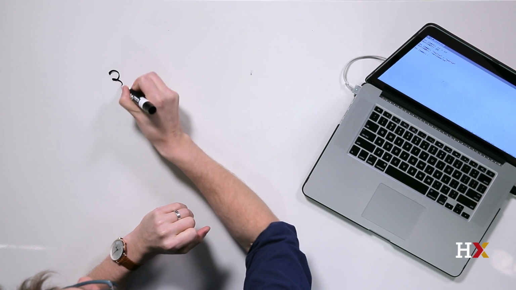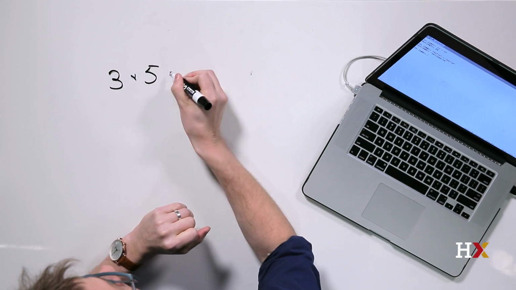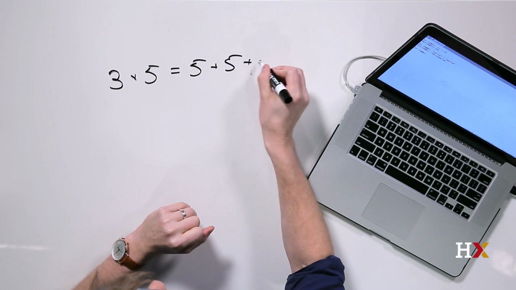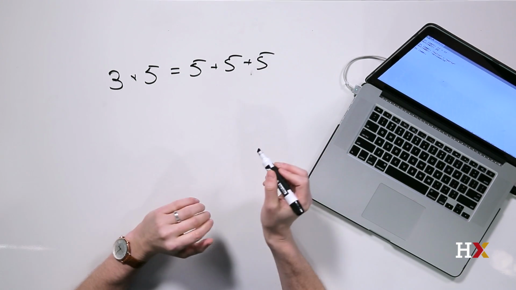Let's think about the multiplication operation first with numbers. Say, in mathematics, if we say something like 3 times 5, what we really mean is 5 plus 5 plus 5, which would be 15.